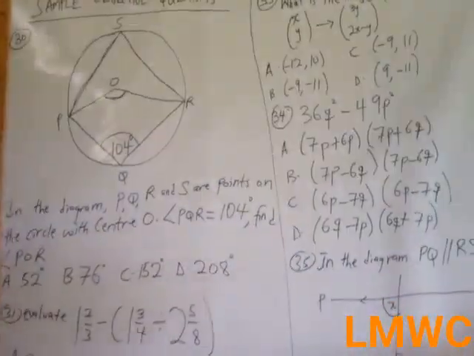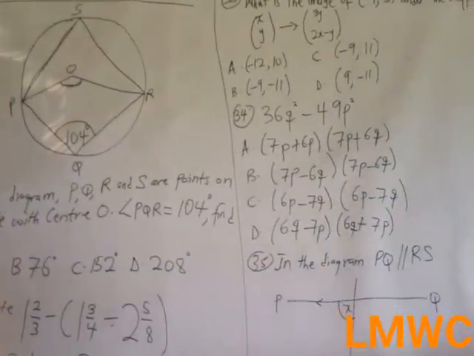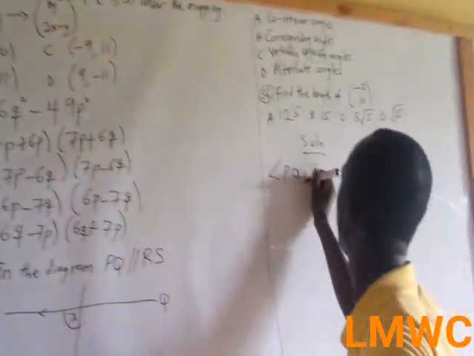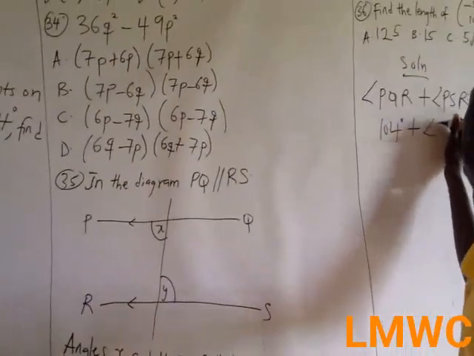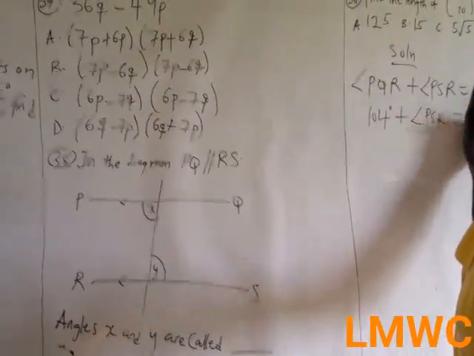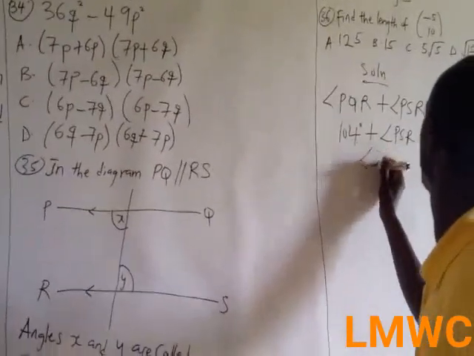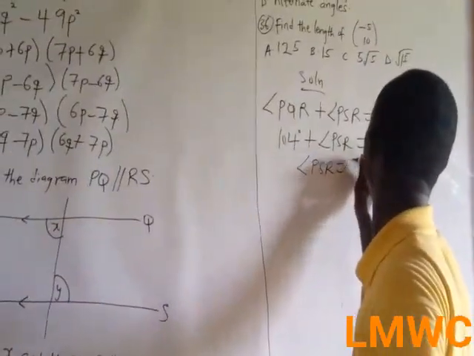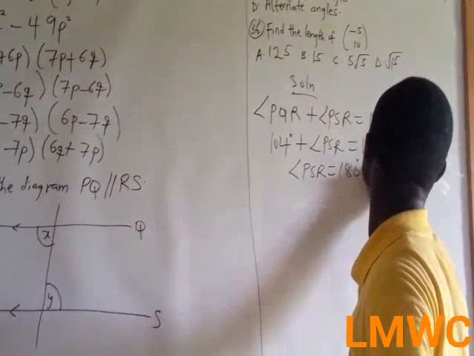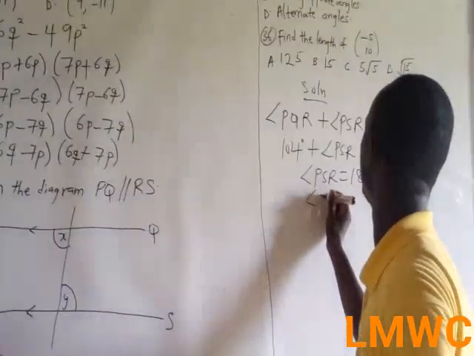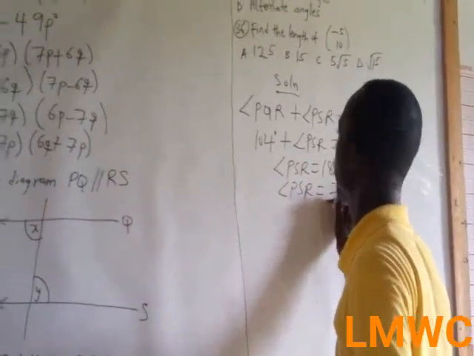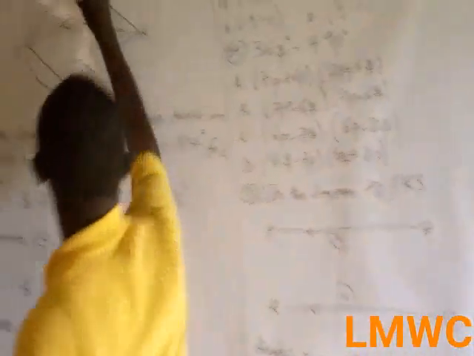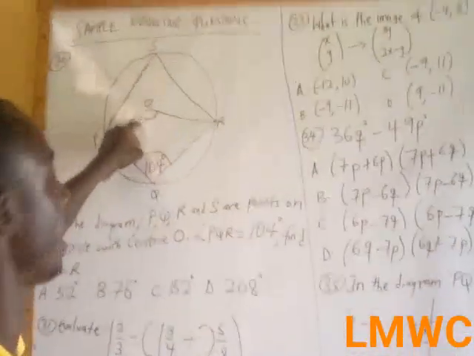This means angle PQR, 104 degrees, plus angle PSR equals 180 degrees. So you group like terms, it becomes 180 minus 104 degrees. So angle PSR is equal to 76 degrees. Now we know here to be 76 degrees and we want this angle.